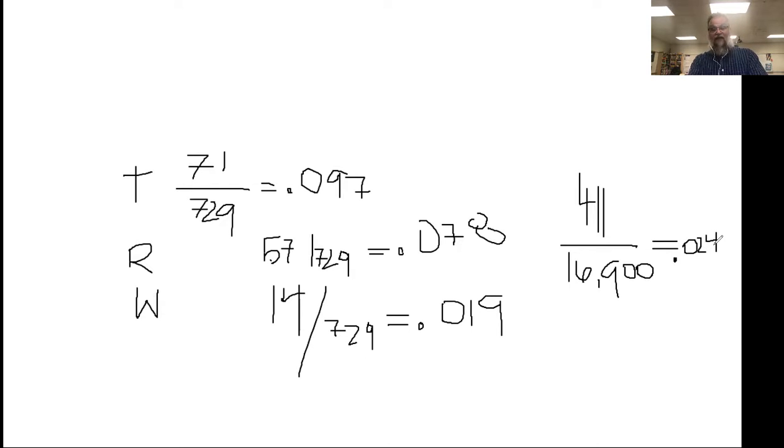Quite a bit smaller than our estimated density. Our estimated density is 0.097, and here it's 0.024.